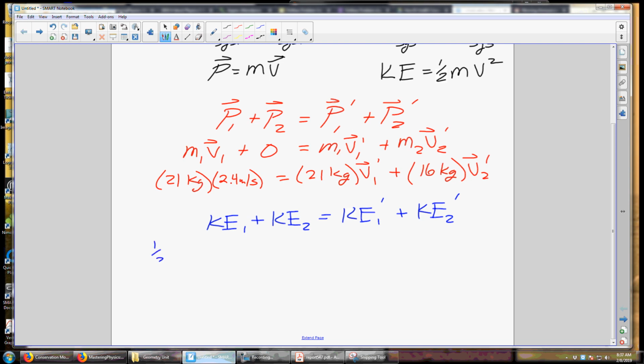Substituting in for kinetic energy, 1/2 M1 V1 squared plus 0 here again because I know my V2 is 0, it wasn't moving, equals 1/2 M1 V1 prime squared plus 1/2 M2 V2 prime squared.